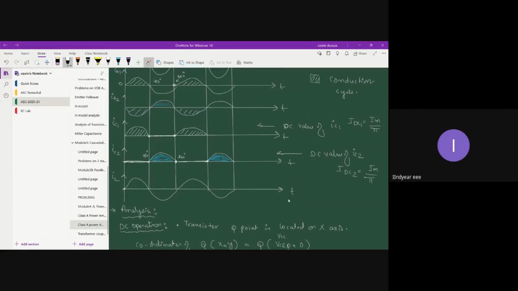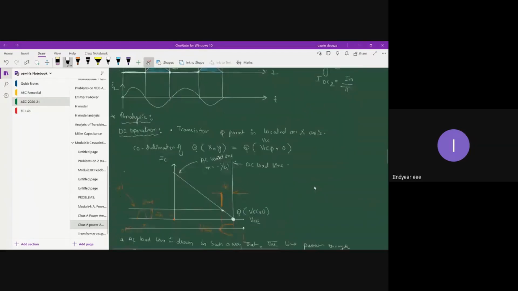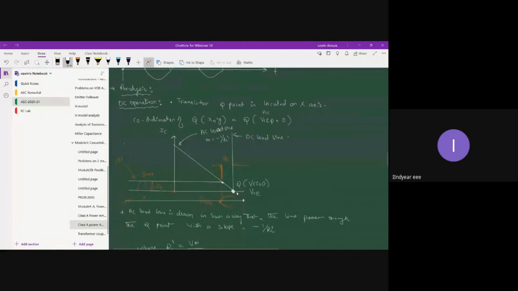In class A operation we considered the power input, PDC, as VCC into ICQ. But in class B operation, you cannot take ICQ, because the value of current at the Q point is 0 ampere.